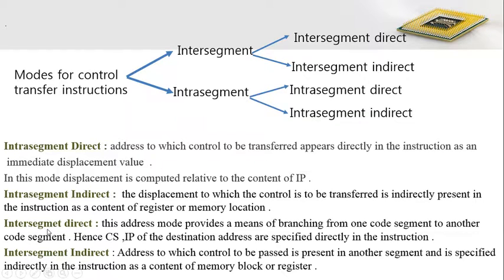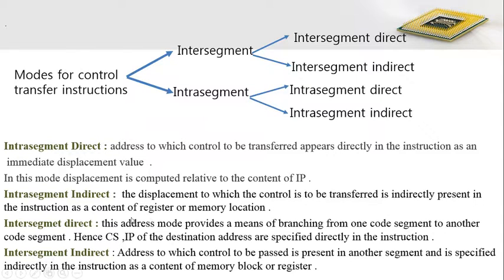Inter-segment means the control is to be transferred to an instruction which is present in another code segment. Right. So in that case, we need to consider the new code segment starting address also, and inside that code segment we need to calculate the displacement value.